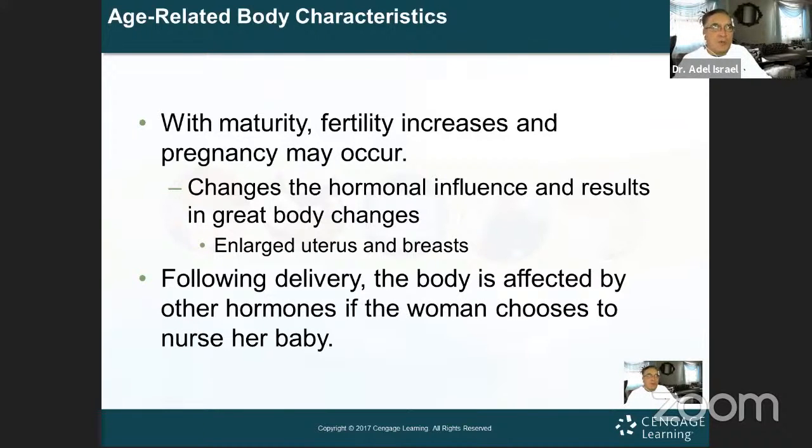Changes in the hormones also start acting to make the uterus mature. Sometimes we have a wonderful, well-developed lady, but she can't get pregnant. Why? Her uterus is still the same size as the infant's. It is not growing, so we call it infantile uterus.